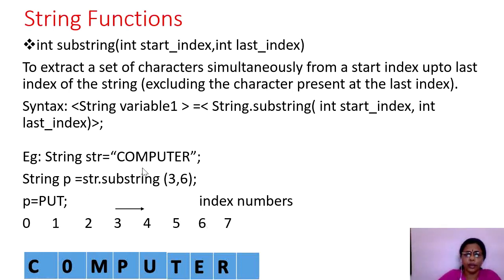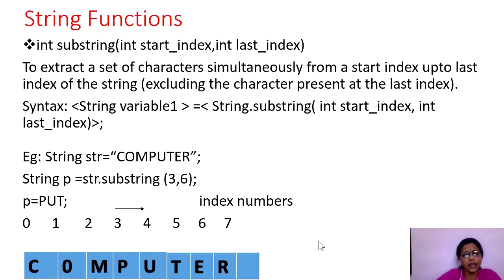I hope you are getting it. Computer, I have starting from 3, ending with 6. So it extracts 3, extracts 4, extracts 5, but will not extract 6. So the resultant will be P, U and T. It extracts a set of characters simultaneously from a start index up to the last index of the string, excluding the character present at the last index.